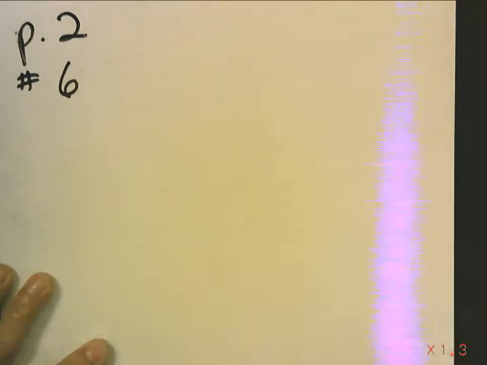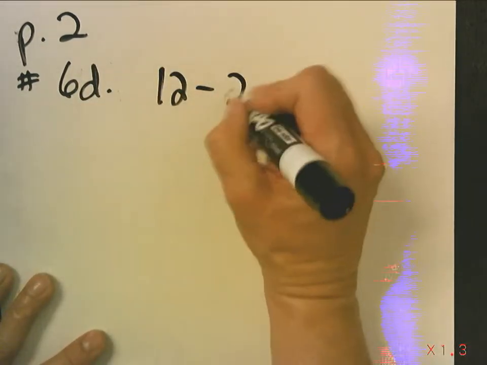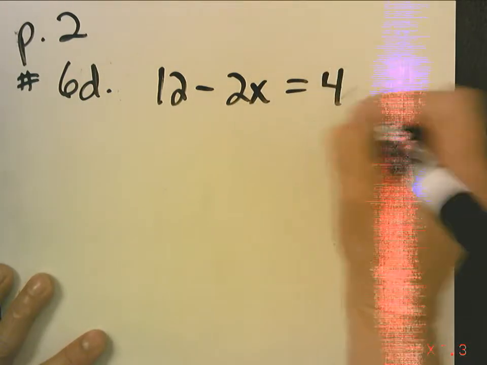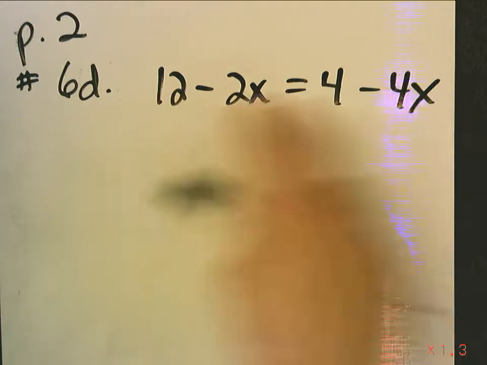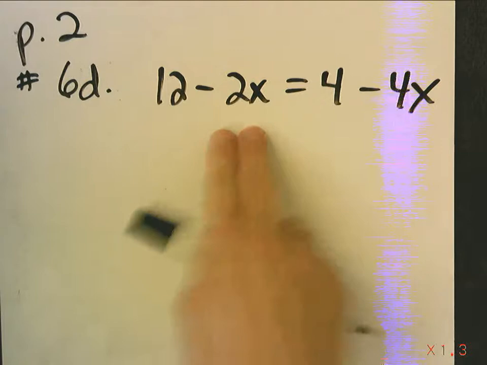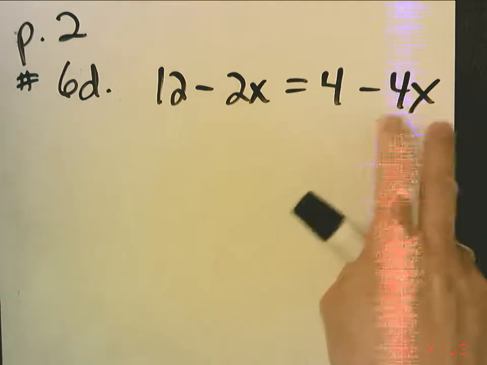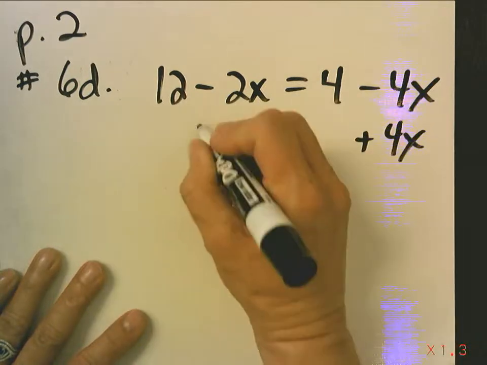Now, for D, 12 minus 2x equals 4 minus 4x. Okay, well now I have two negative variables on both sides. So I'm going to ask myself, well, I could add 2x to both sides, but this will make it negative 2x. Or I could add 4x to both sides, and that would make my variable positive.